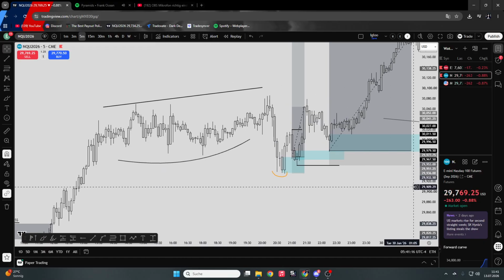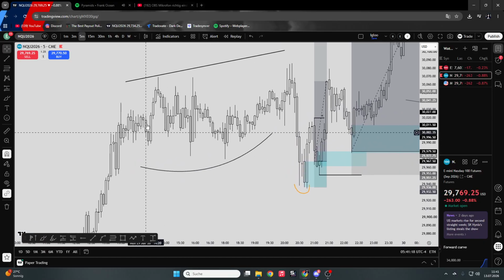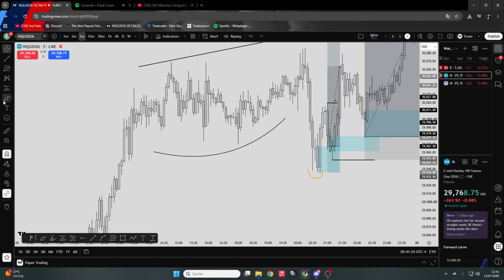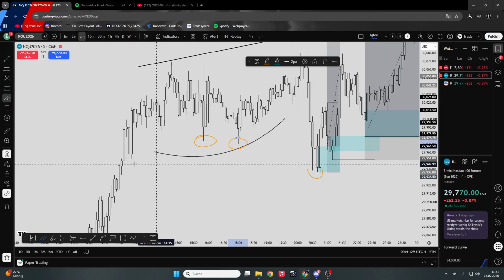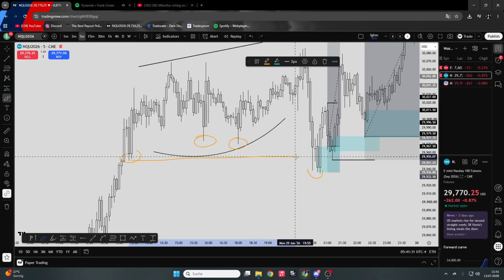Then on going to the next one, we have our accumulation, and we manipulate. And for our manipulation, we will always take something out. So in this case, we got accumulation lows. We got another low right here.